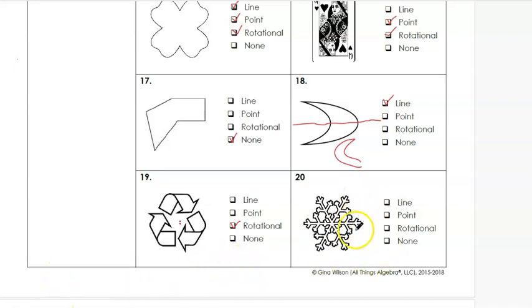And then finally, number 20, we could accomplish symmetry with this vertical line. If we folded on that line, the two sides would match up. And it looks like that would also be true with horizontal, but again, it just takes one. So we definitely have line symmetry.